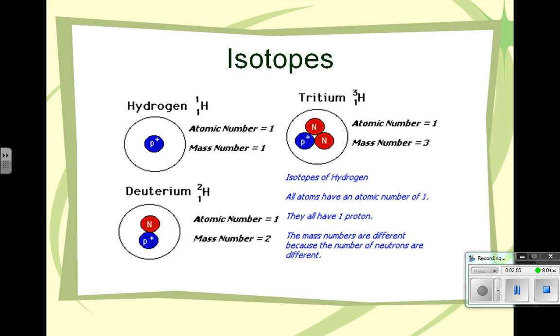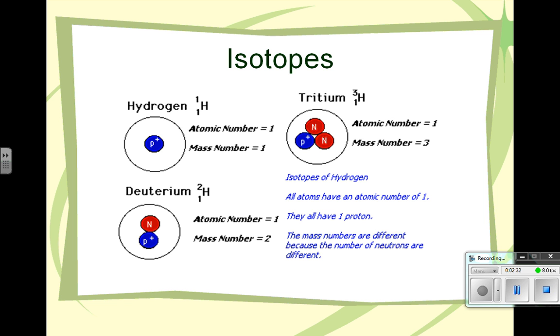So here are some isotopes of hydrogen. In this case, they actually gave the different isotopes different names. It doesn't usually happen, but with hydrogen, they decided differently. In the top left, there's 1 proton and no neutrons.